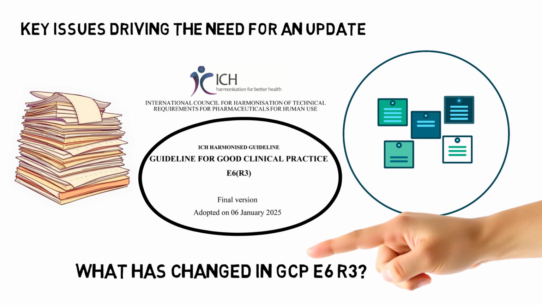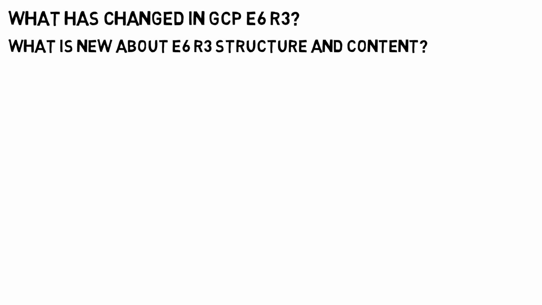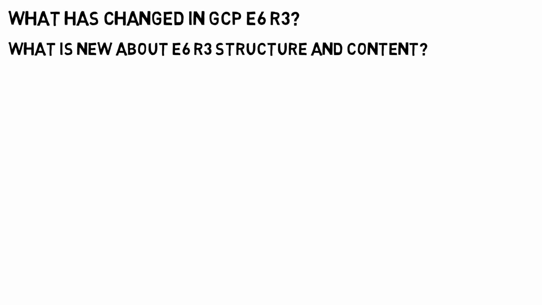So what has changed in GCP E6(R3)? What is new about E6(R3) structure and content? The E6(R3) update introduces significant changes to both the structure and content of the GCP guidelines, reflecting the evolving needs of clinical research.